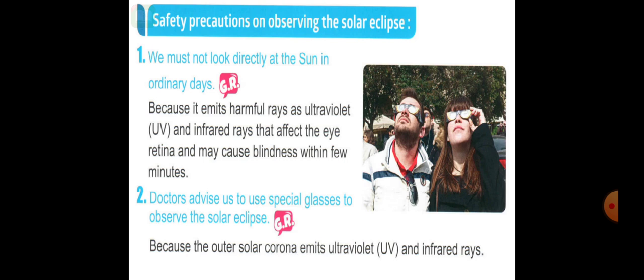We can't see the solar eclipse also by using our naked eyes without using special glasses. Give reason. We must not look directly at the sun. Why? Because the sun emits harmful rays such as ultraviolet rays and infrared rays that affect the eye and may cause blindness within a few minutes.